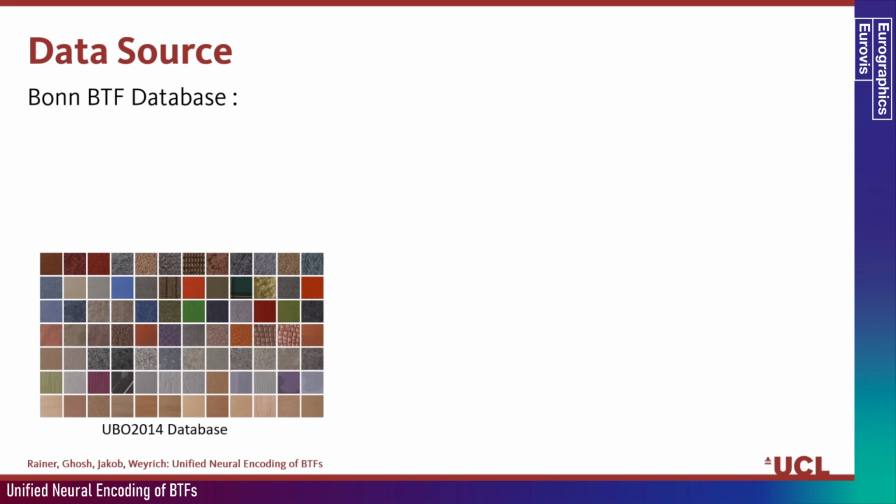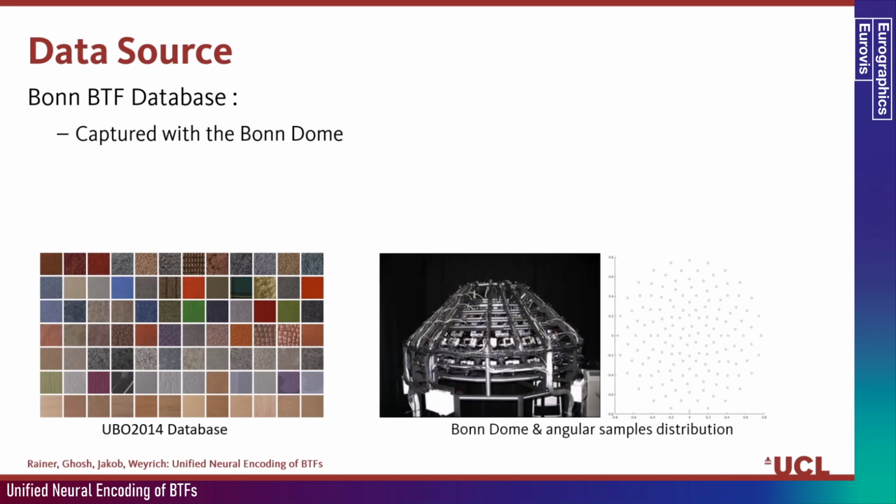For training, we use datasets from the currently biggest publicly available BTF database, which comes from the University of Bonn. It contains BTFs from 84 materials, organized in 7 semantic classes.